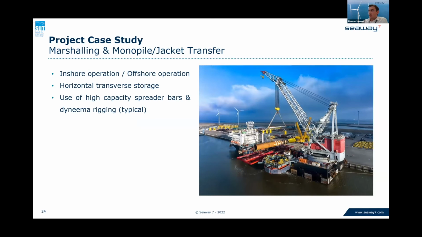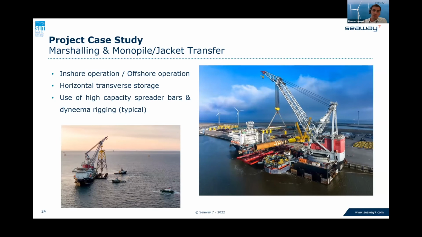Once the vessel's mobilized and ready for the project, it will then move to the marshalling yard. We said it was Eemshaven in that example earlier. That's where it will pick up the monopiles. This can be done inshore or offshore, depending on weather and workability. Typically, monopiles are brought in horizontally with high-capacity spreader bars and Dyneema rigging.